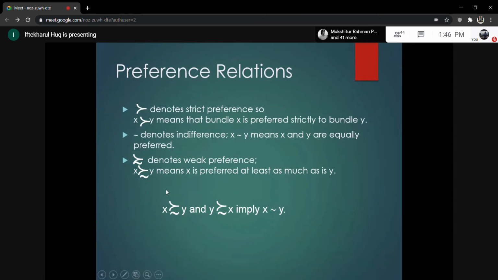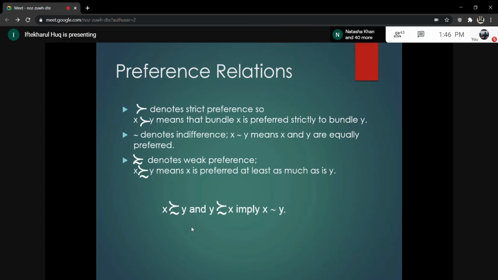this relationship and this relationship, both of them are happening at the same time. That means I gave you two bundles, you looked at the two bundles and said once, X is at least as good as Y, and another time said Y is at least as good as X. When you make these two comments, I will understand that to you, X and Y are indifferent.